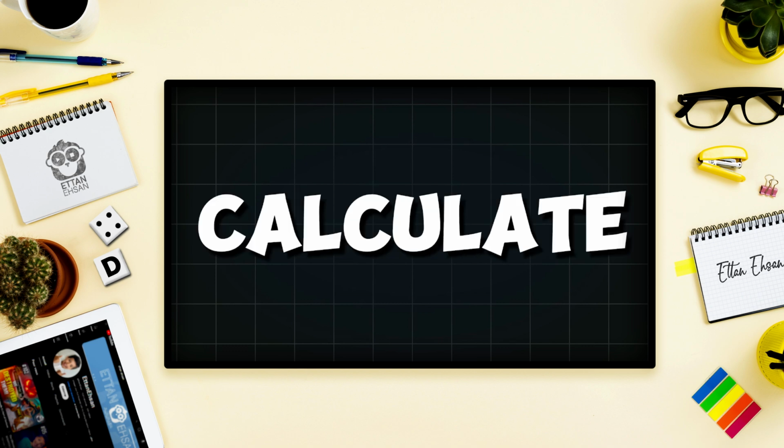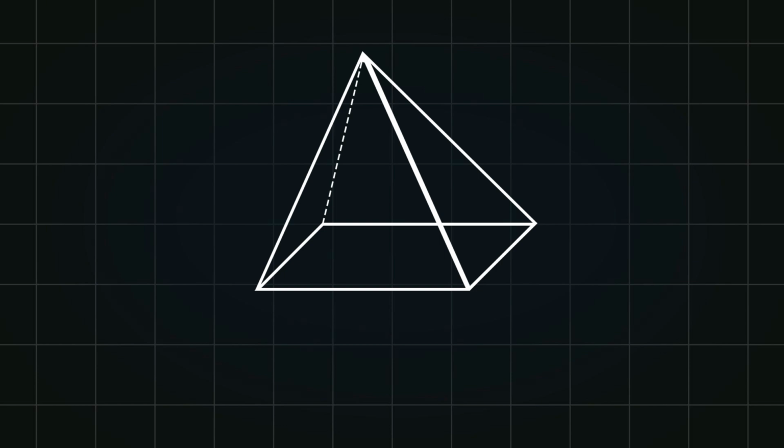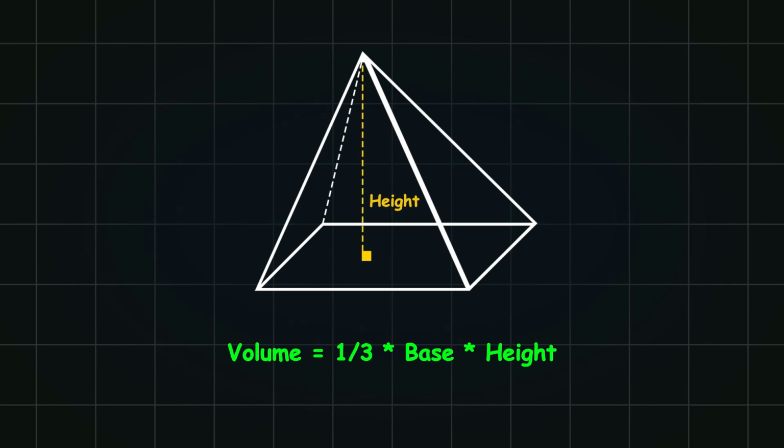Now we're going to learn how to calculate the volume of a pyramid. So the formula for the volume is a third times the base times the height. Remember in triangles you have the height in the center, from the lowest point on the side all the way to its peak at the top.